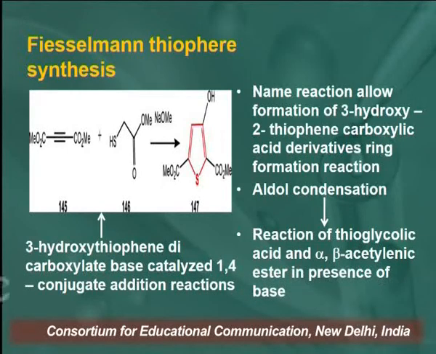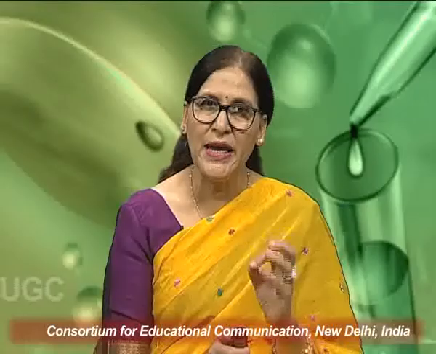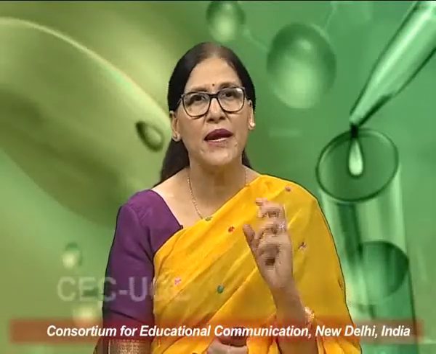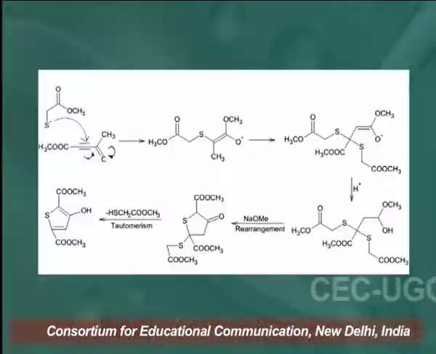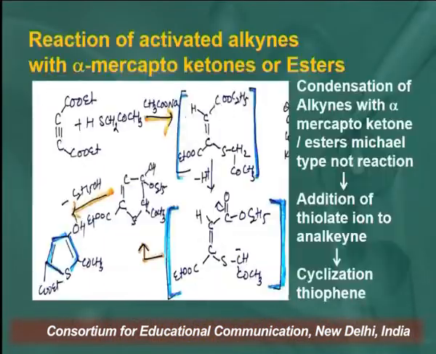Ring formation takes place, and it is an aldol type condensation. The reaction of thioglycolic acid and alpha beta acetylenic ester in presence of base takes place. So, this is the Fiesselmann thiophene synthesis, and this is the mechanism of how the reaction takes place.